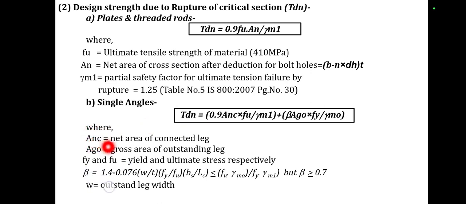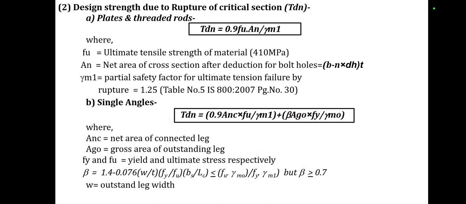Anc is the net area of the connected leg, and Ago is the gross area of the outstanding leg. Fu and Fy are the ultimate and yield stresses respectively.